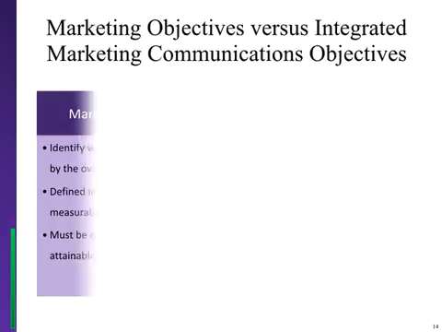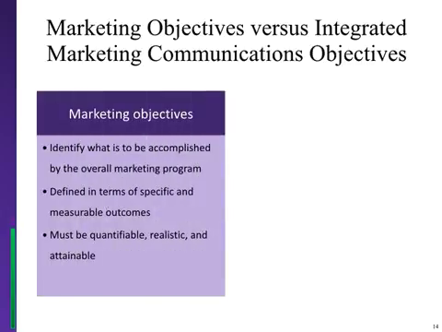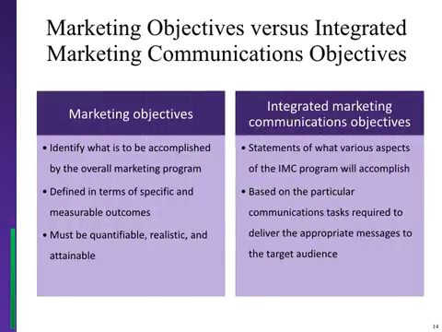Our book does a great job of delineating between marketing objectives and IMC objectives. And it basically says that marketing objectives are the objectives that are to be accomplished by the overall marketing plan. And remember, marketing is not just about promotions. Marketing includes product decisions, place or distribution decisions, and pricing decisions.